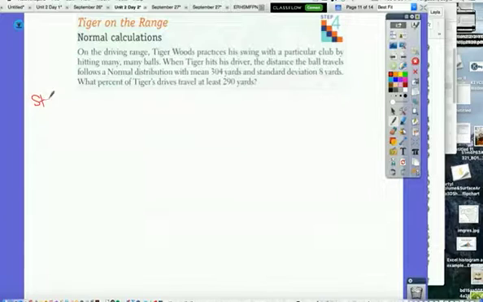The first thing we're going to do is state. What we are going to state is what our x is equal to. For this one, we're going to let x be the distance Tiger's golf balls travel.